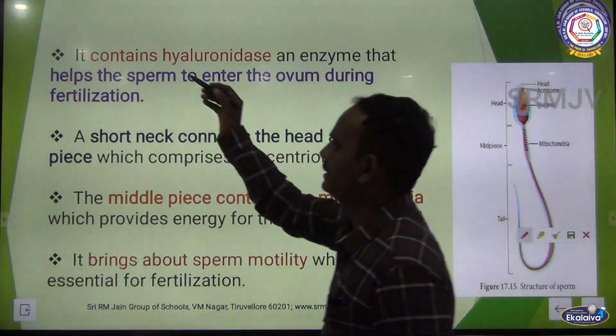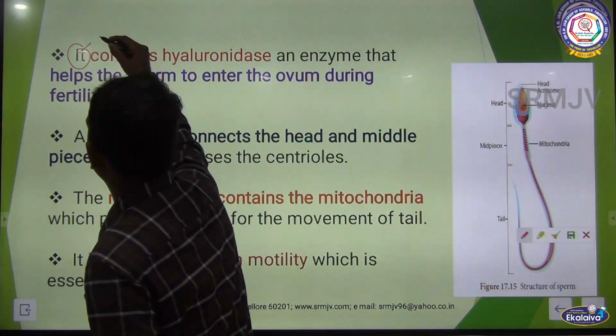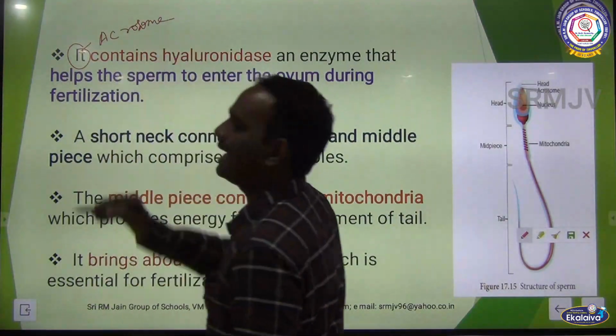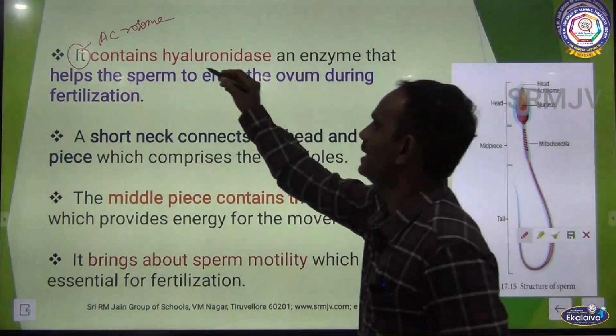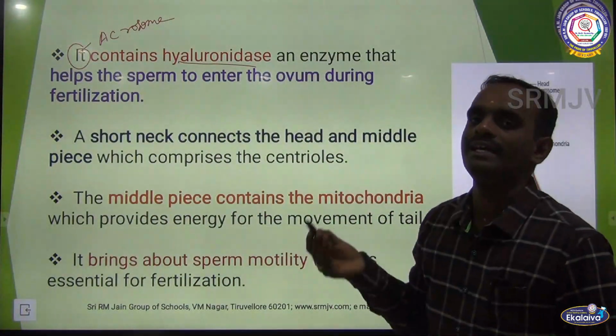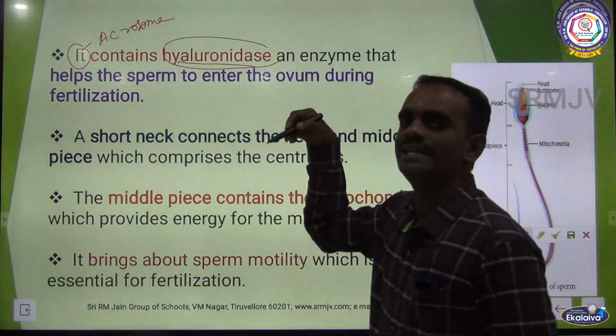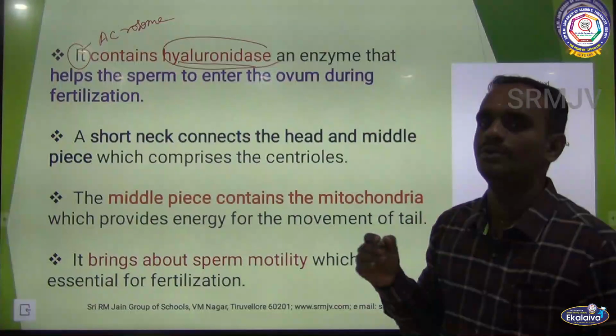The acrosome contains the enzyme called hyaluronidase. It is very important, one more question. The enzyme present inside the acrosome is hyaluronidase.